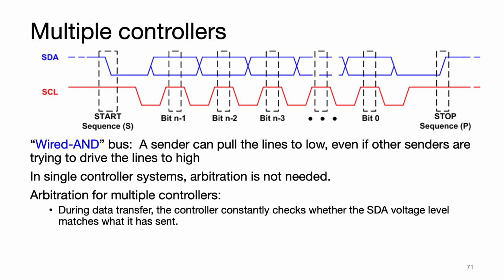So if it pulls the data line down and clock starts to go, and it meant to send a 1 here, but the line is held low, the controller should see that there is some problem. Something is misbehaving. It's probably another controller out there that's taking control of the line. It has to back off under that condition, okay?